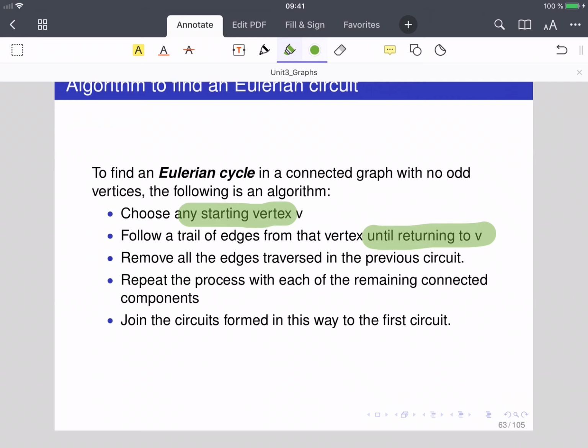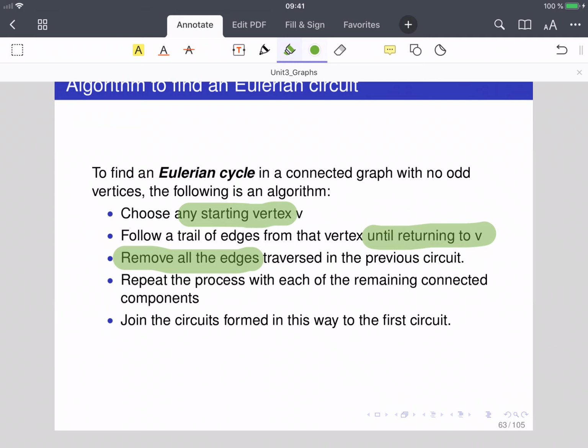If we have not used all the edges in the graph, then we remove all those edges from the graph. And in this case, maybe the graph now becomes not connected. We will see an example later. Maybe in this situation, the graph is no longer connected.